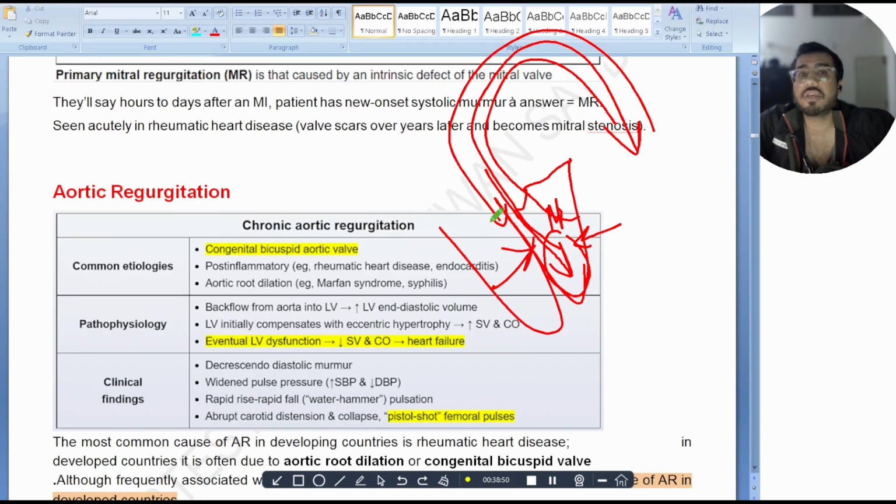So this eventually leads to eccentric hypertrophy, and eventually, because there is stress on the left ventricle, the heart starts to fail. Initially the heart compensates well, but eventually it starts to fail. So this is how aortic regurgitation can be life threatening because of eventual heart failure.